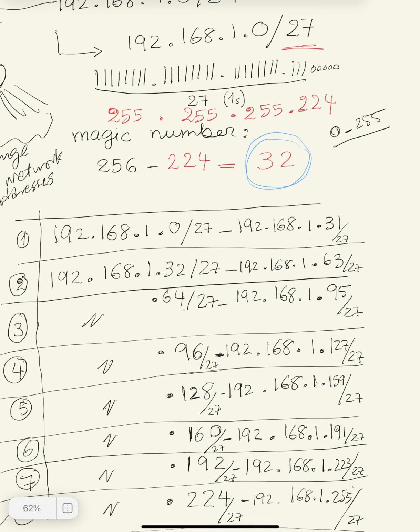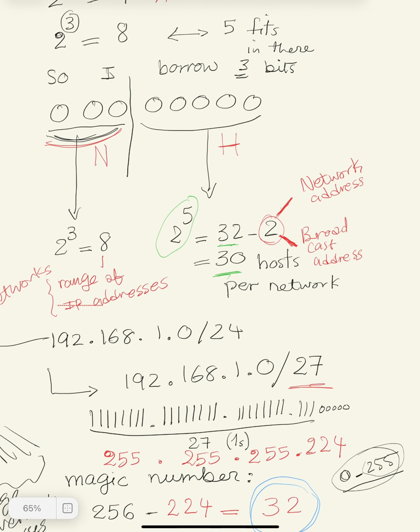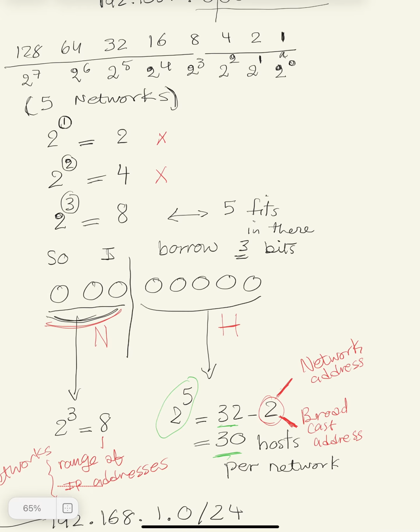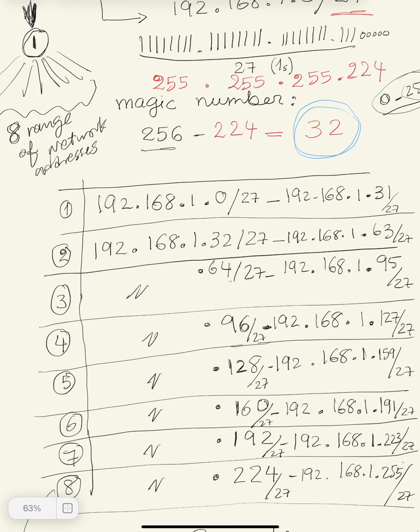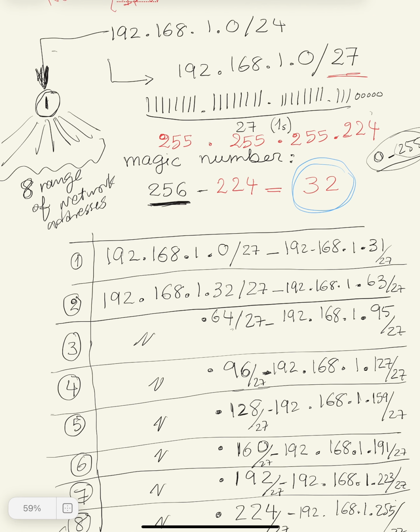If you count 0 to 255, it is 256. So always remember that you have to take away the new subnet mask, the parts that you borrowed for subnetting, from 256, and then you get this magic number 32.